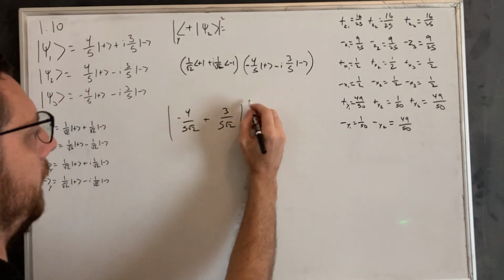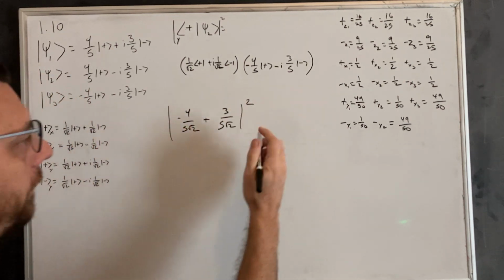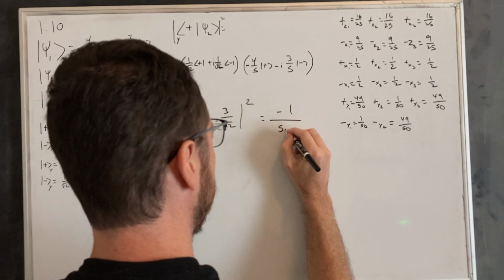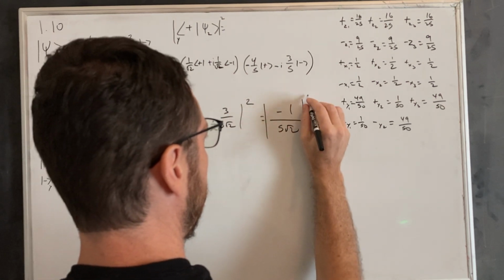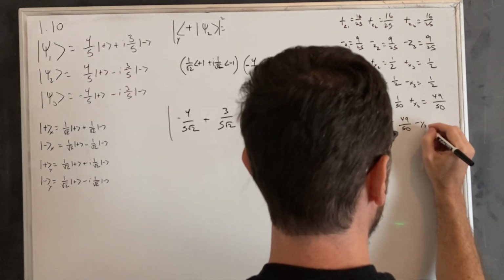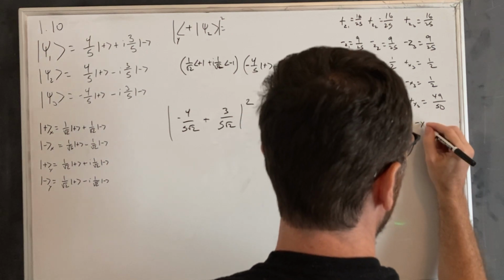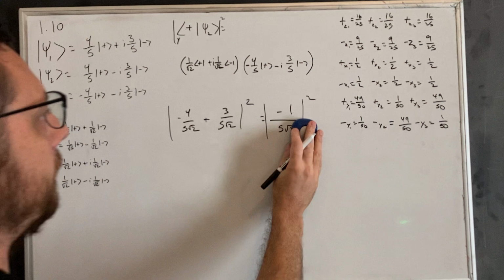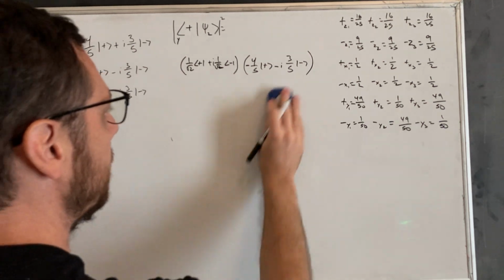So we're going to have a negative 4 plus 3, which gives us a negative 1 over 5 root 2, and then we'll square that. And that's going to be down in the y direction for state 3, which gives us a 1 in 50 chance. So we've got all of our probabilities here.